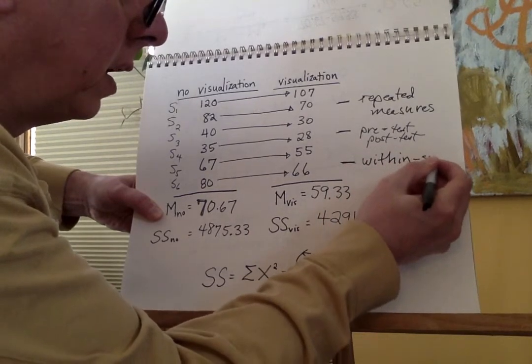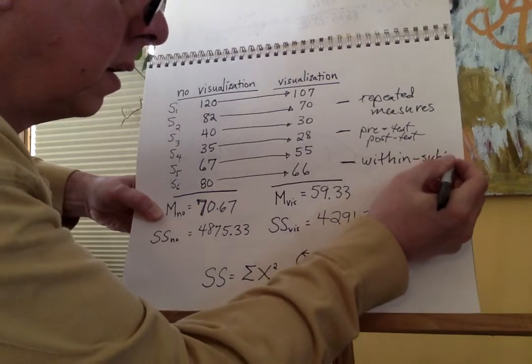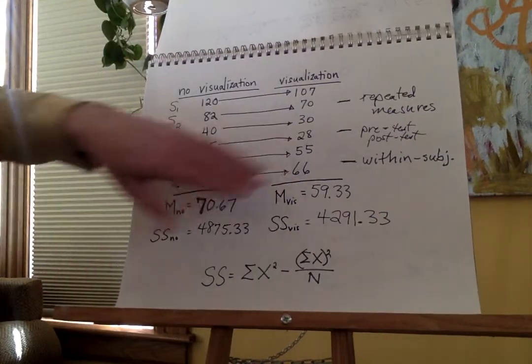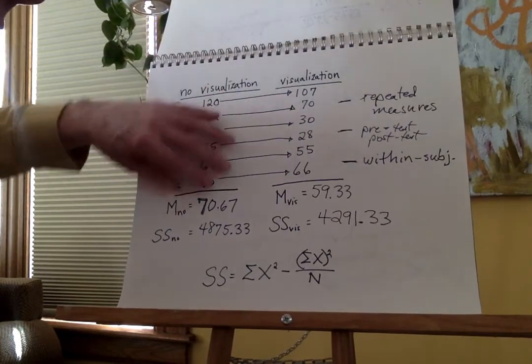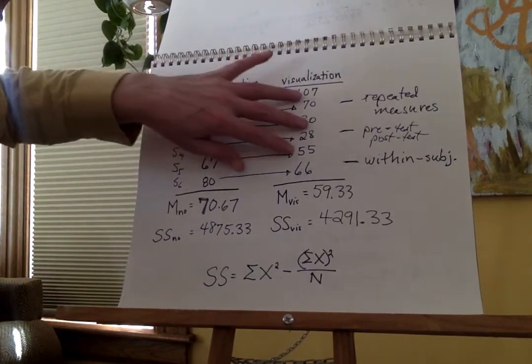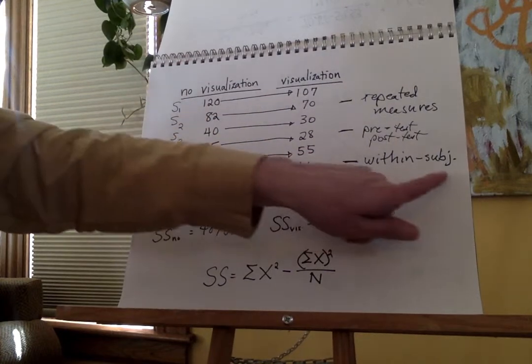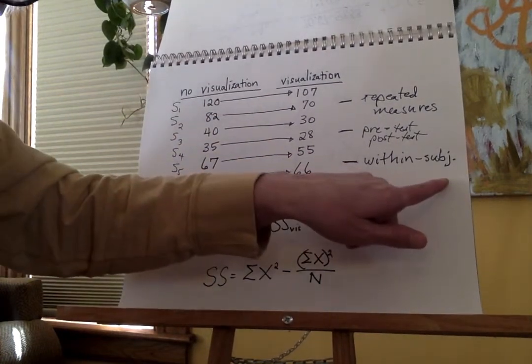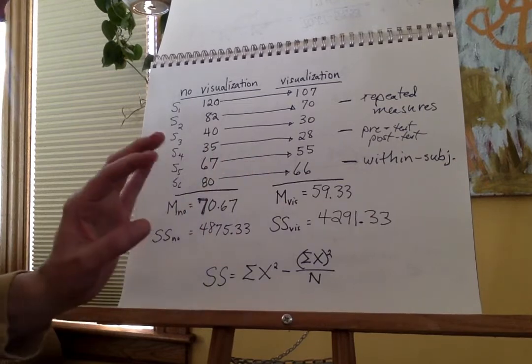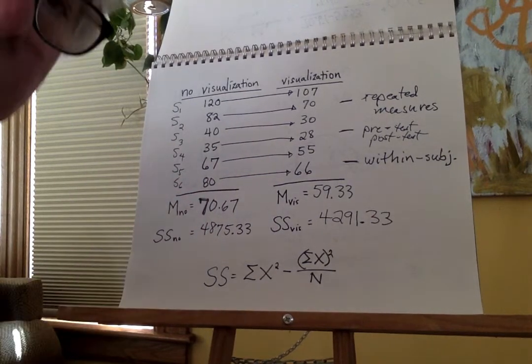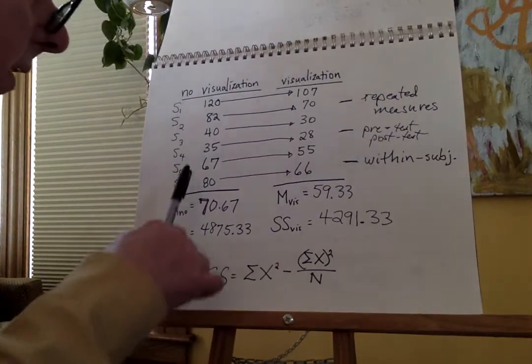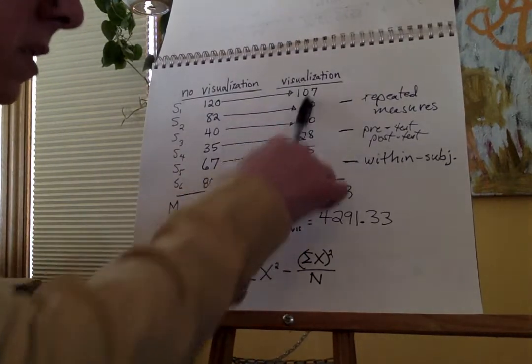It's also called, and this is what we call it in research methods, a within subjects design, because I'm manipulating the independent variable. I'm doing my manipulation within the same subjects, okay? The way we did the t-test before, it was called a between subjects design. That is, different subjects here, different subjects here.